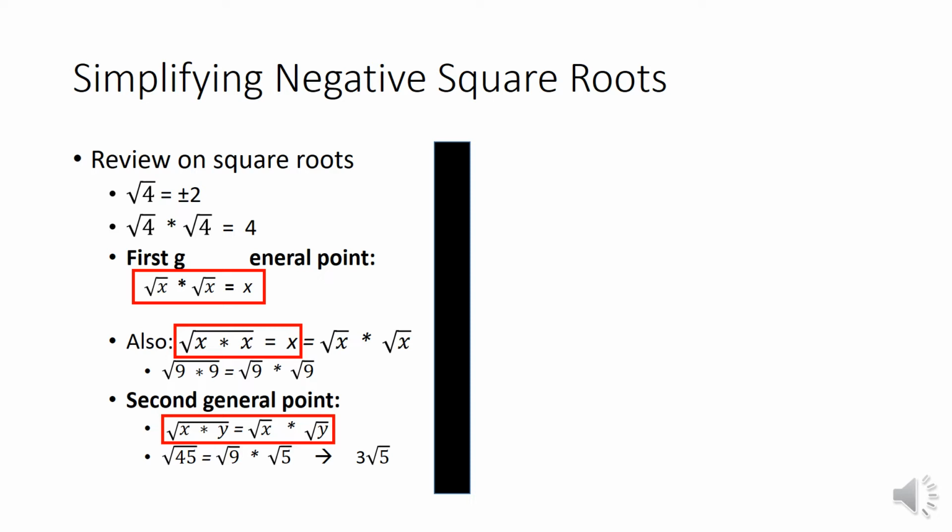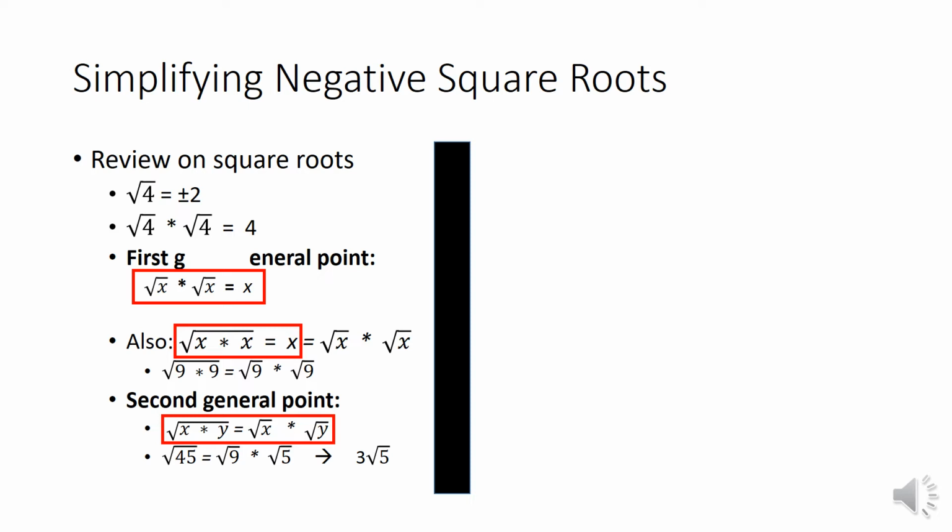Well, 45 is equal to 9 times 5, so that's the same as the square root of 9 times 5. And that is the same thing as the square root of 9 times the square root of 5. And so if we're simplifying the square root of 45, that's going to simplify to 3 times the square root of 5.